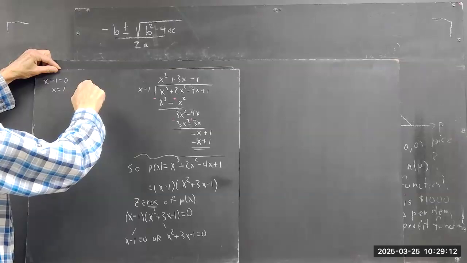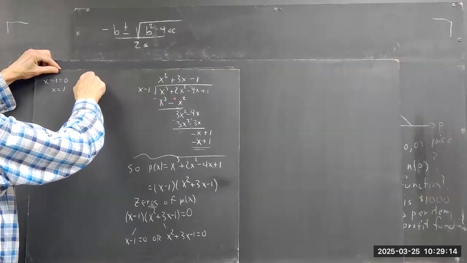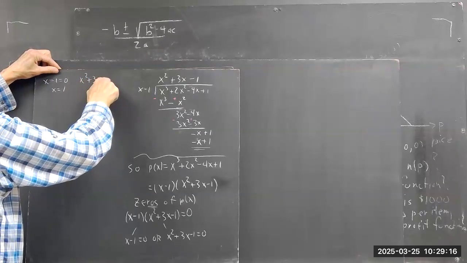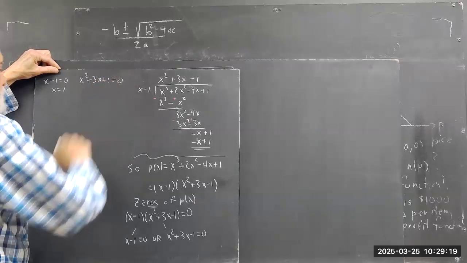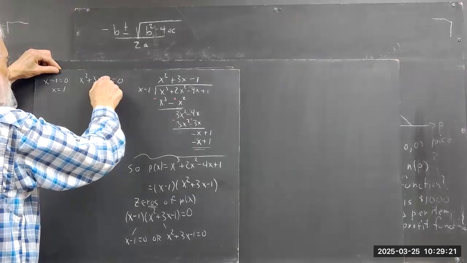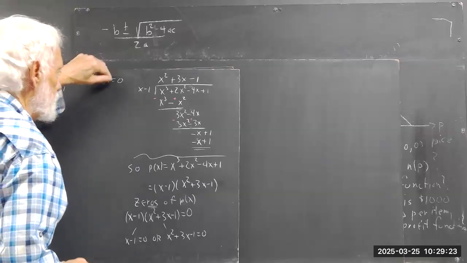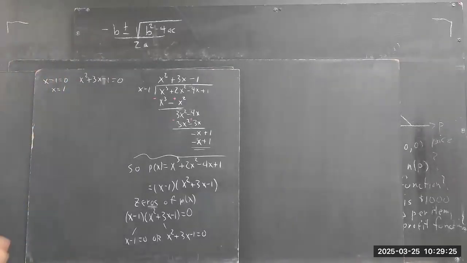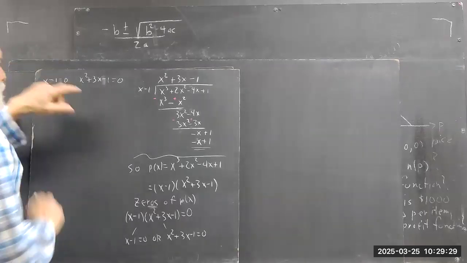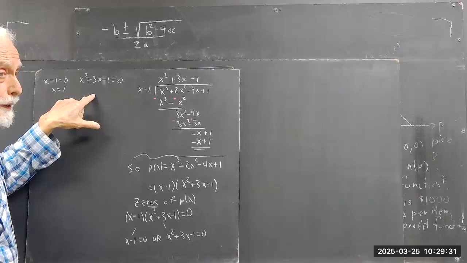Now x squared plus 3x minus 1 equals 0. And what's that going to give us? Well, how do you solve this equation? That's a quadratic equation.